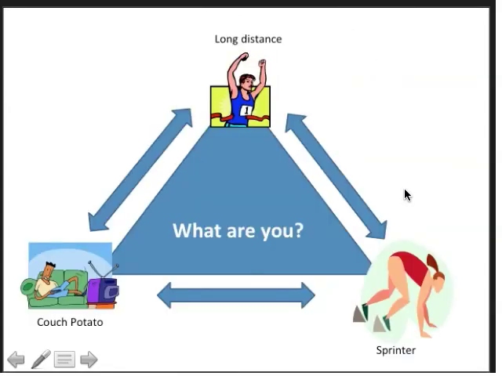So we end up with the question of what sort of muscle tissue predominates your physique. Depending on your activity regimen, we can either be a couch potato or an endurance athlete or a weightlifter or a sprinter, and that's going to dictate the type of muscle tissue that you're going to find most frequently inside the body.